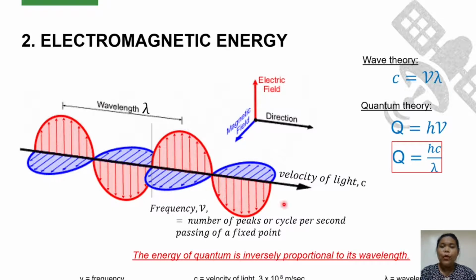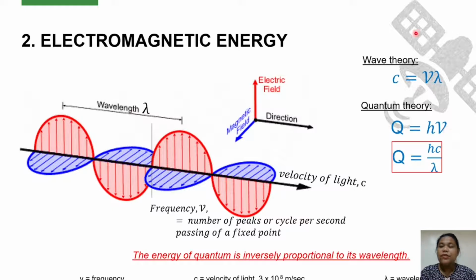We also learned that when the electromagnetic energy interacts with matter or an object, it follows the quantum theory, which is given by Q equals H times V. Q is the energy of a quantum measured in joules, H is Planck's constant measured in joule-seconds, and V is the frequency.